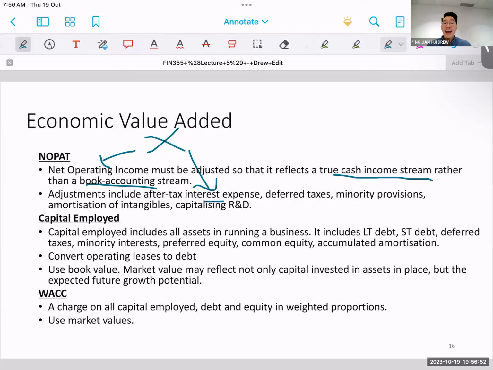Interest is relating to debt, and debt is relating to borrowings. Borrowings is relating to what? One more step. Yeah, you're on the right track. Financing operation. That's correct. So in a sense, yes, your financing is relating to the capital structure.